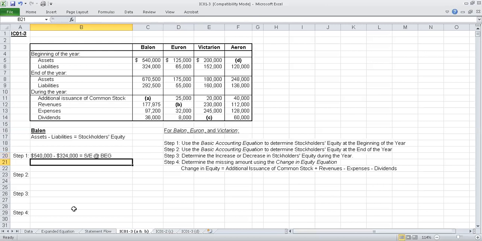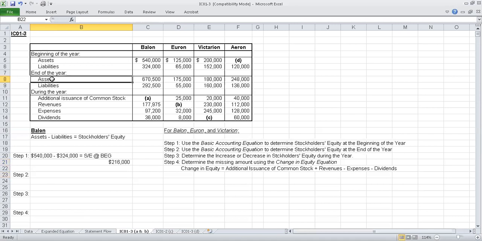That's relatively straightforward math that you should have learned in grade school. It's certainly not calculus, just simple subtraction. Stockholders' equity at the beginning of the year is $216,000.